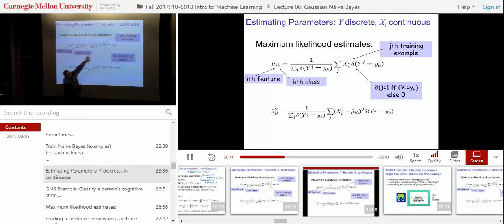So this is just a way of saying take the average: sum up all the examples for which y equals yk, sum up their x values and divide by the number of them. And similarly, the maximum likelihood estimate for sigma squared is the average of how far x is from that estimated mean. Okay?